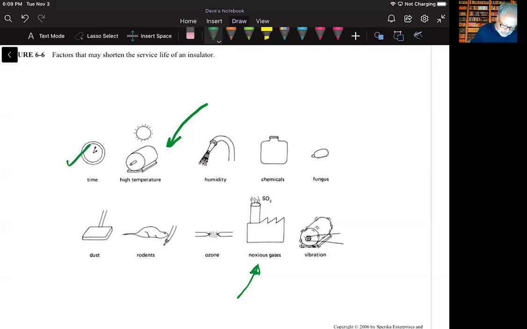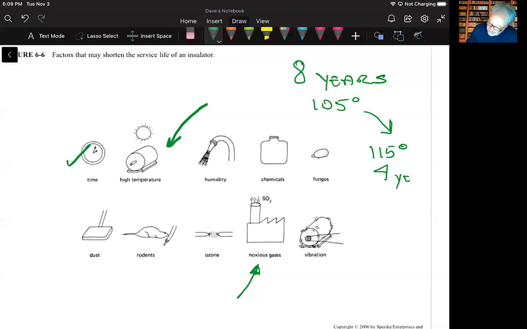But I do want you to think about one thing, in the first paragraph where he says that if a motor has a normal life expectancy of, say, 8 years, and that life expectancy is given at a temperature of 105 degrees C, then if you ran that same machine at 115 degrees C, it would have a service life of only 4 years.